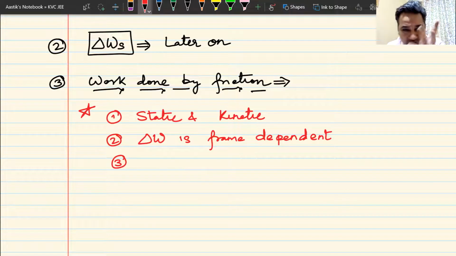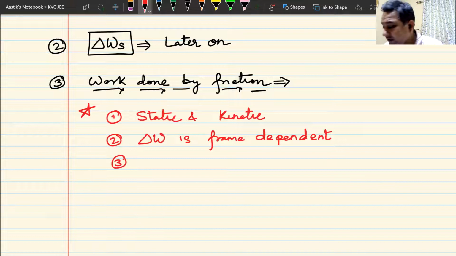Now again, I will have to rectify my statement. Why I need to rectify my statement? I'll tell you that also. Even if the friction is kinetic, the force is not constant. The force varies. And now you will say, sir, what are you saying?